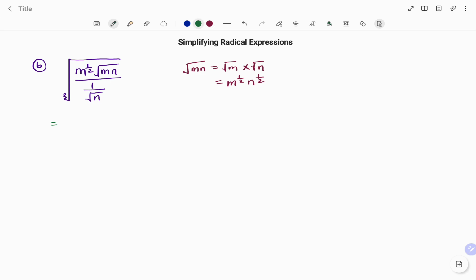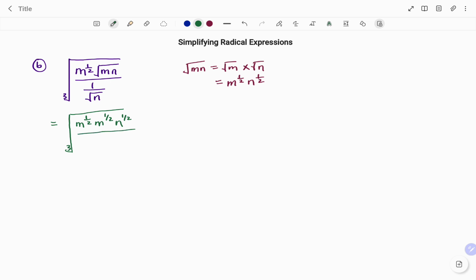So applying that, I still have my cube root, that's root to 3. I have for my numerator m to the power of 1 over 2. I'm going to change my root of mn to m to the power of 1 over 2 and n to the power of 1 over 2.